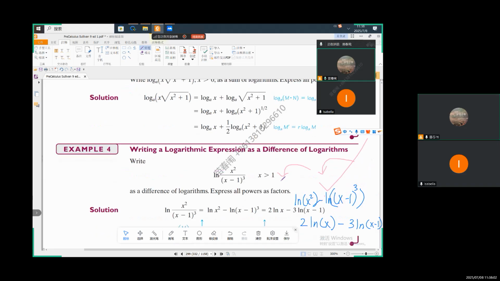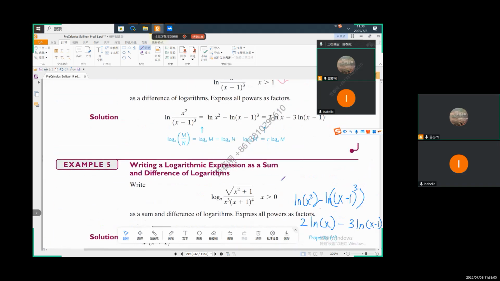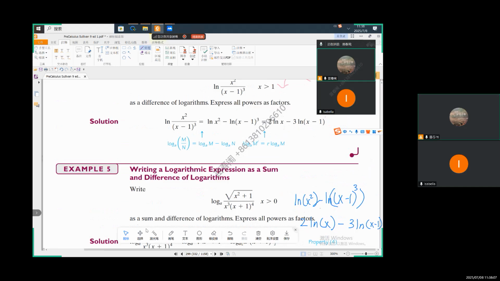And then let's do 5. There's sum and difference. Okay, I need to write out the sum. Sum and the difference. I'm going to do the difference first, I guess. So like log a.